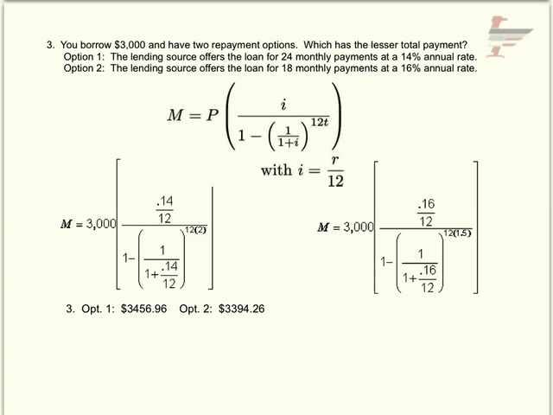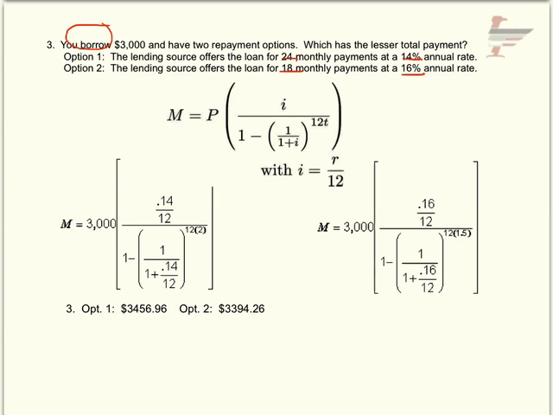All right, problem number 3 is, again, you borrow, so there's the keyword, and which is the lesser of the total payments. So you're either going to do 24 months or 18 months, and a 14 or a 16% annual interest. So again, using the monthly payment, you know your principal is the $3,000, so you put that in.